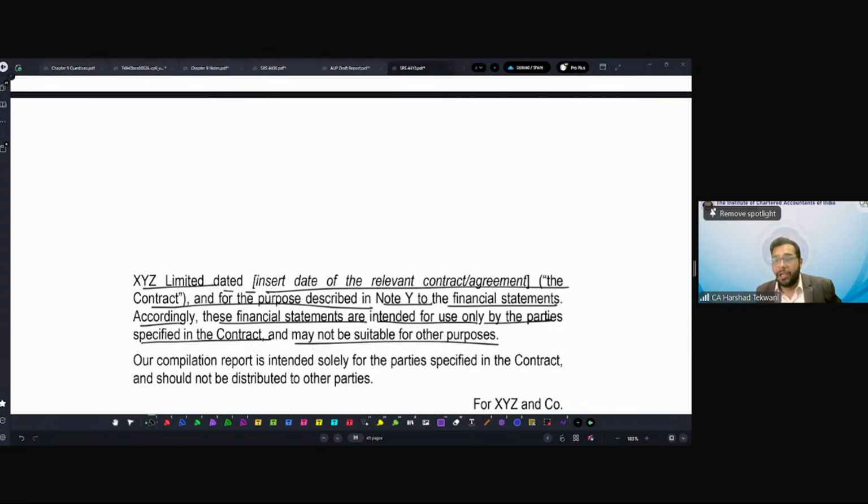And it also includes engagements as per the Standards on Related Services, that is SRS. So if a report is issued under SRS, yes, UDIN is required.